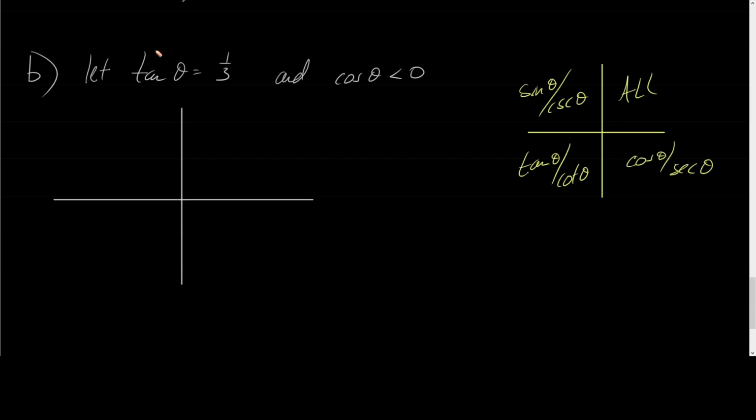So when I go to draw my triangle in here, since tangent is opposite over adjacent, I'm going to have the opposite being 1 and the adjacent being 3, this over here being my theta.